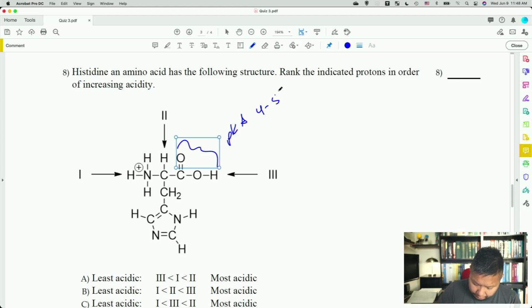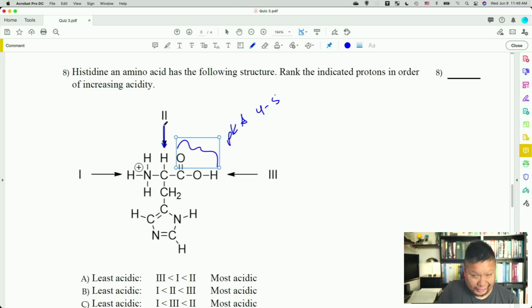We've got an alkyl proton right here. I tried to draw a circle around it, but it's too small. This alkyl proton is between an amine and an ammonium, and between that and a carboxylic acid. So it's not going to be as strong a base or as weak an acid as some of the regular alkane protons are.